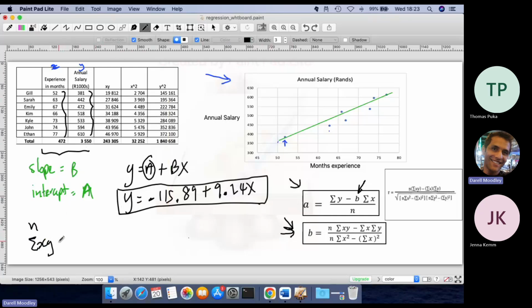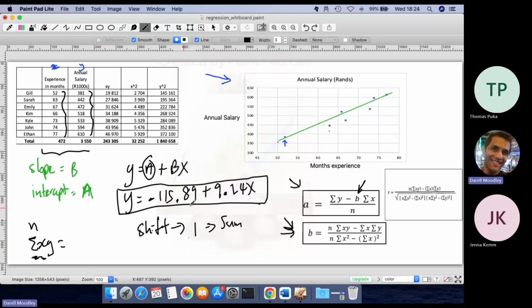To get this, all you have to do is press AC to start on a clear screen. Press Shift, then press 1, and then select the option that says Sum, because this is a summation. Choose Sum, and then you'll see this option here.